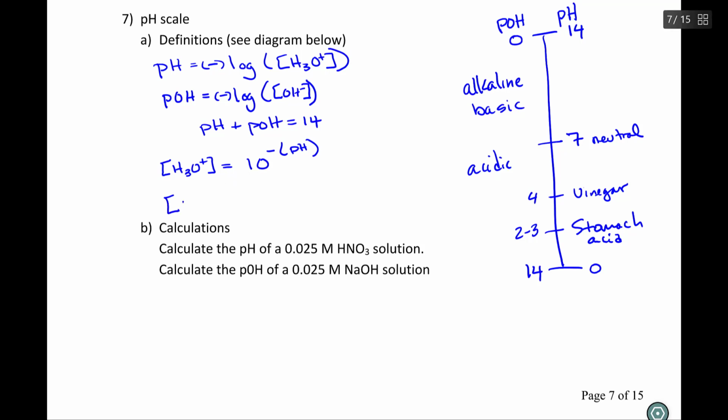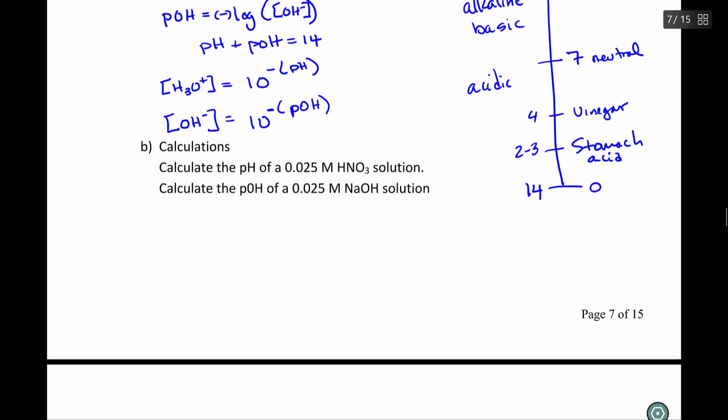The concentration of hydroxide is going to be 10 to the negative power of the pOH, sorry. And the p of pH and pOH stands for power, so it's the power of 10. So when you're calculating the pH, you're calculating the log of a number. That's the power of 10 that is going to give you that pH value, that represents that number.